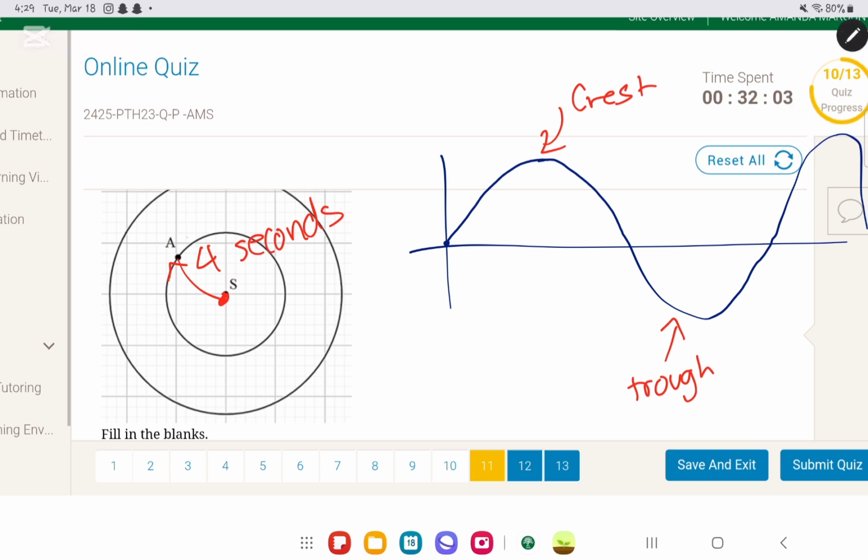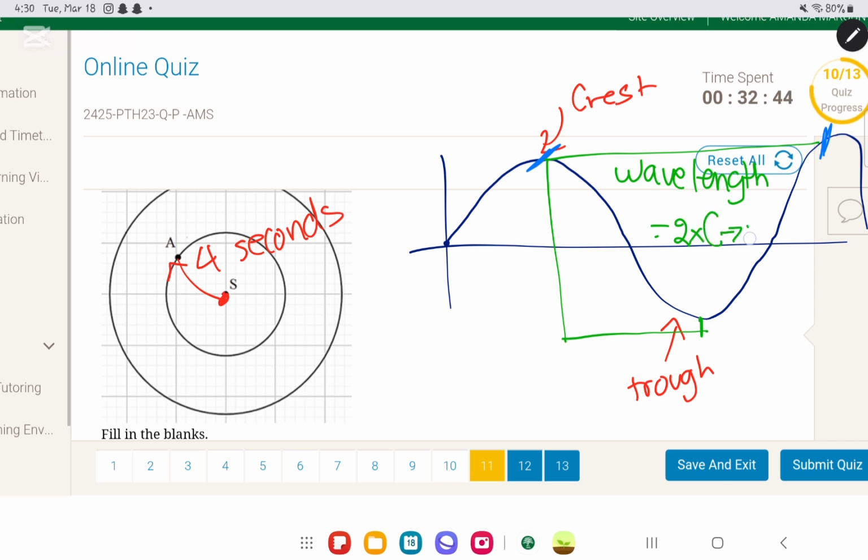And we know that we measure the wavelength by crest to crest or trough to trough. And what you should know is that the distance from crest to crest is equal to double the distance from crest to trough. So that means the wavelength is equal to 2 times the distance from crest to trough.